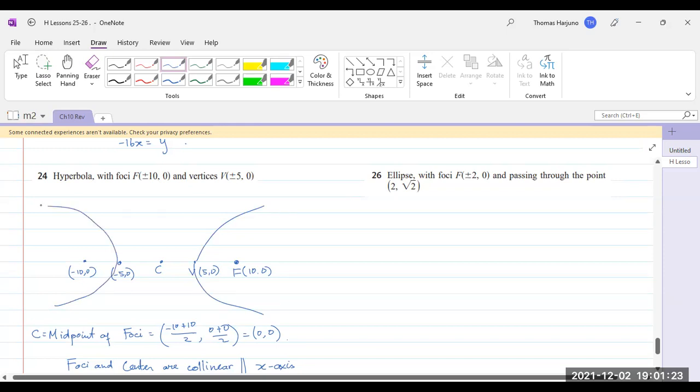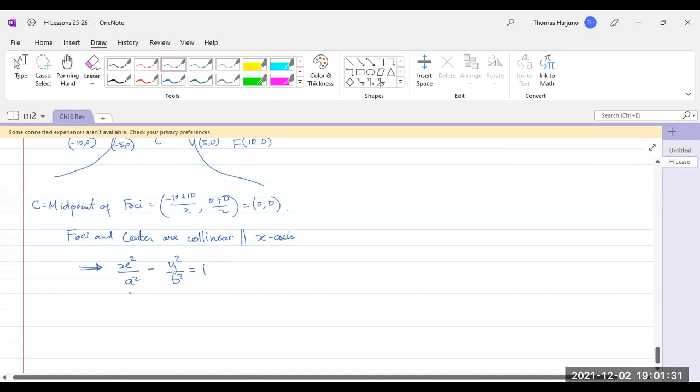Because the distance from the center to the vertices is 5 units, a equals 5. So we get x squared over 25 minus y squared over b squared equals 1.